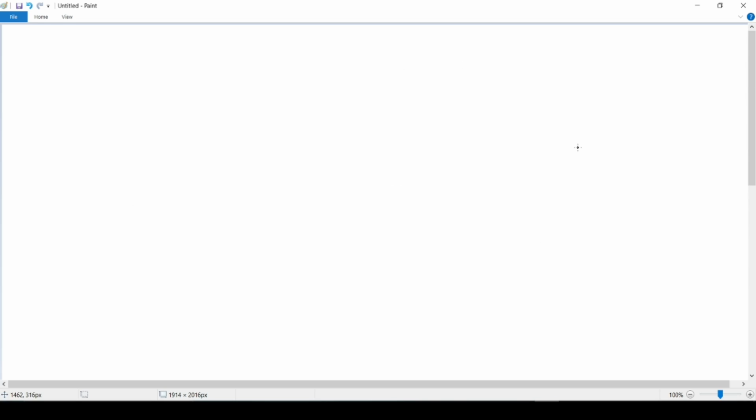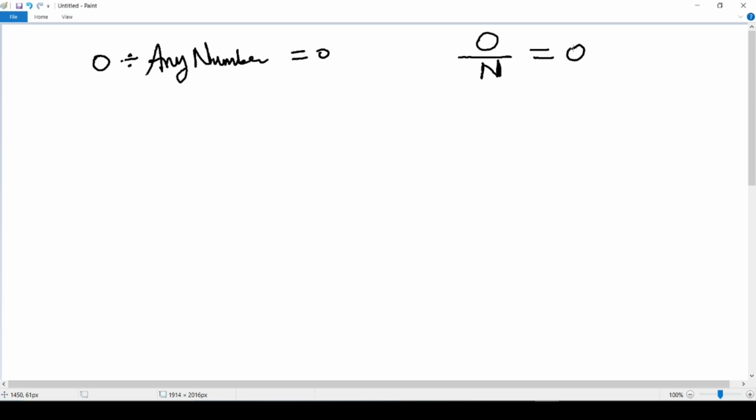Let's finish this topic by recalling that 0 divided by any number equals 0, right? So if I have 0 divided by any number, it actually gives me 0.